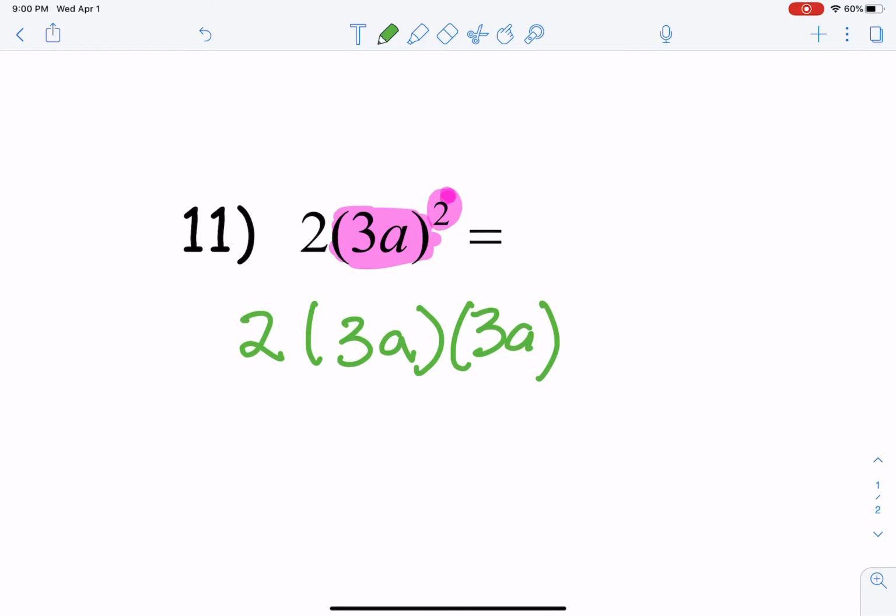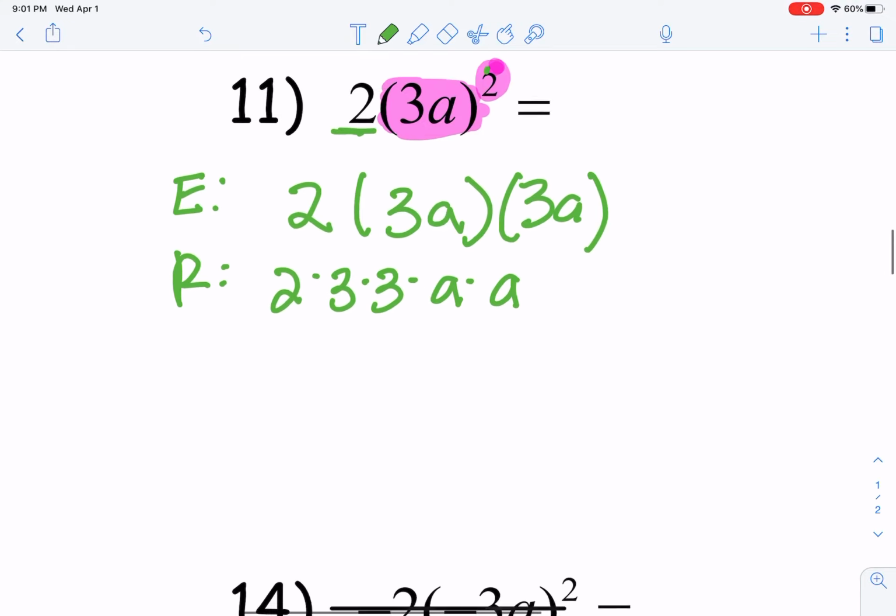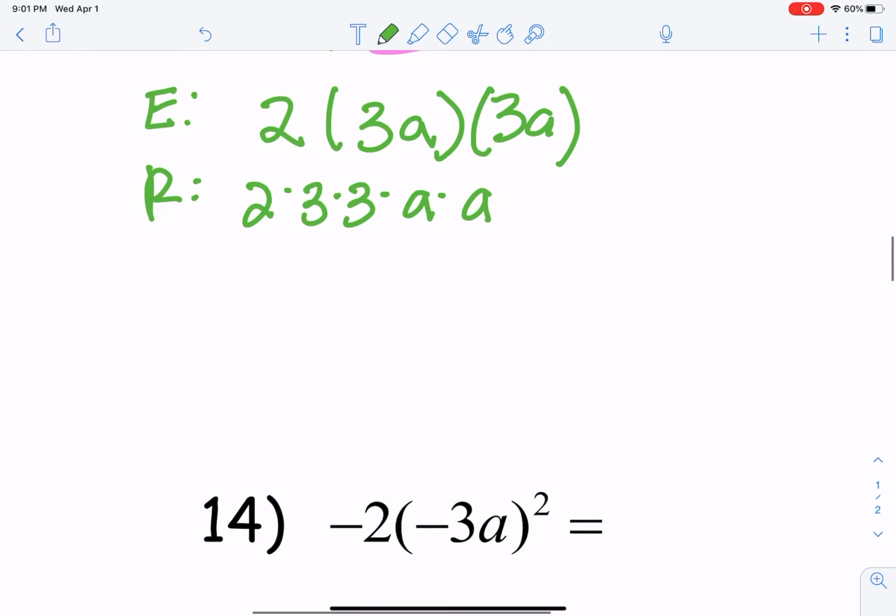It is not attached to the 2 at the beginning. So let's go ahead and rearrange. So 2 times 3 times 3 times a times a. So when I multiply, this is going to be 2 times 3, which is 6. 6 times 3 is 18, a to the power of 2.